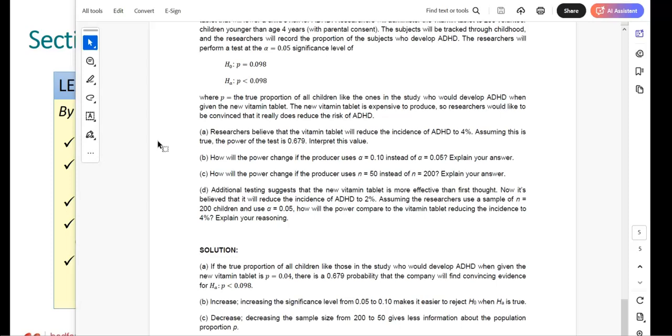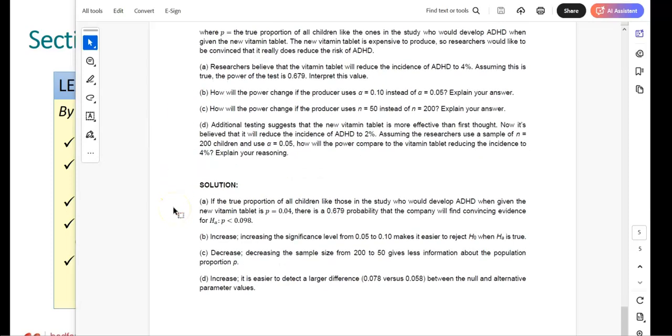That means the null and the sample are further apart. That's going to increase the power. It's easier to detect a larger difference between the null and the alternative parameter value, so it should increase the power.